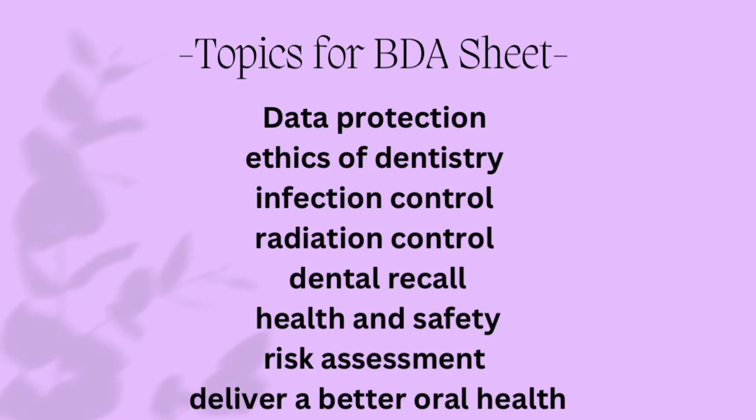These are the major topics that you have to cover anyhow in your BDA sheets, else you have to go through the BDA sheets entirely. I won't say leave anything in the BDA sheets, but these are the topics that you have to go for first, and then you can switch to other topics.